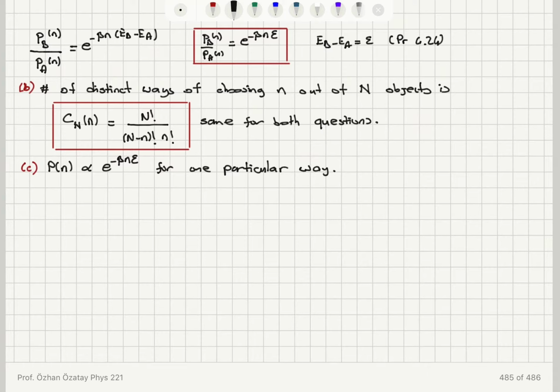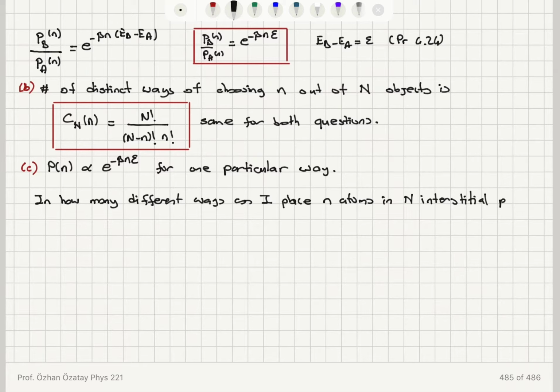Now, that was in part A. In how many different ways can I place n atoms in capital N interstitial positions and n missing atoms in capital N normal positions at the same time, so jointly?